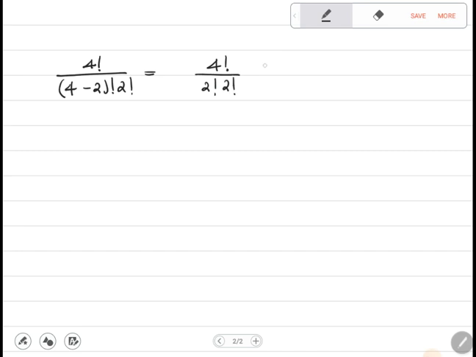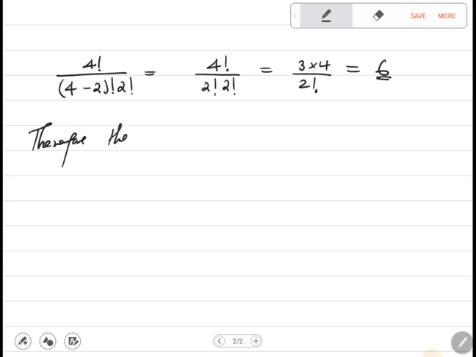From factorials, you know that from 4 factorial I can cancel a 2 factorial, and I remain with the other 2 factorial, which will just give me 3 times 4 on top and 2 factorial here, and this will give me 6.